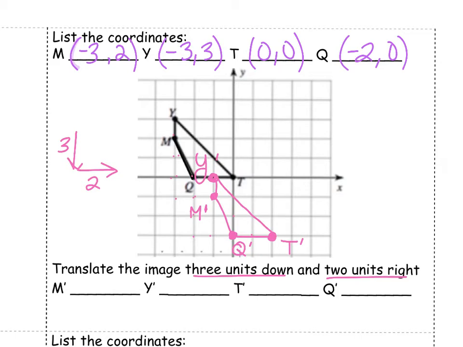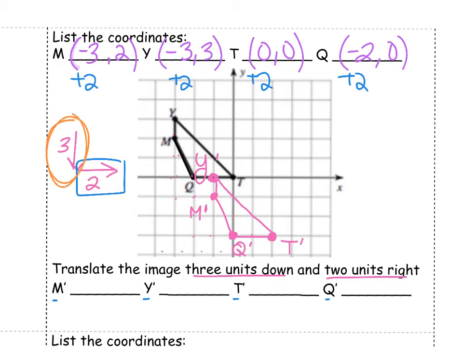Now, we can go ahead and look at our image to figure out those new points for M, Y, T, and Q prime. But we could also make some observations. I know my x's moved to positive. So on my x's, I'll have to add 2 to each x. My y's went down 3. Down is subtracting, so it would be down 3.